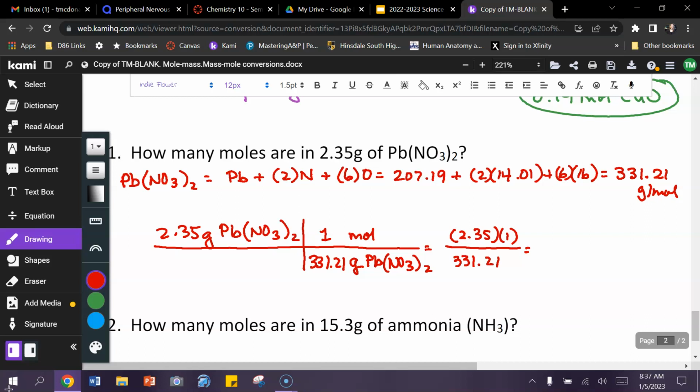In your calculator, you would punch in 2.35 divided by 331.21, and your answer here, it's a small number, it's going to be 0.007 moles of lead nitrate.